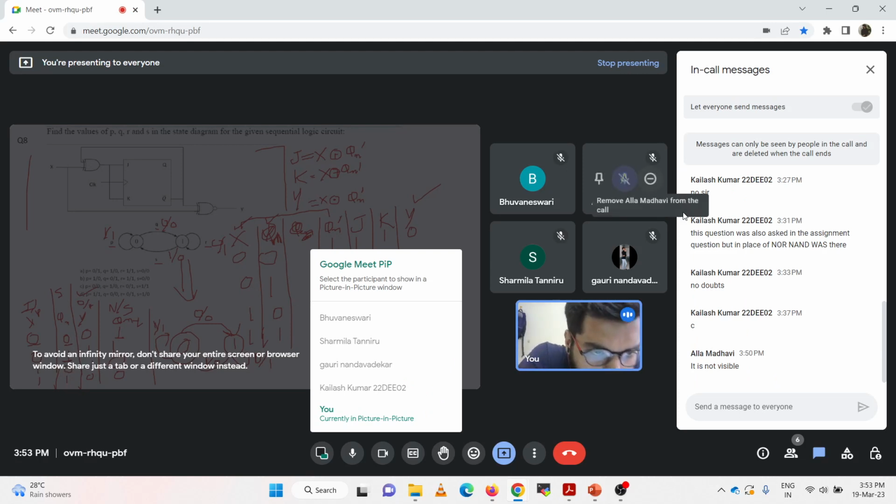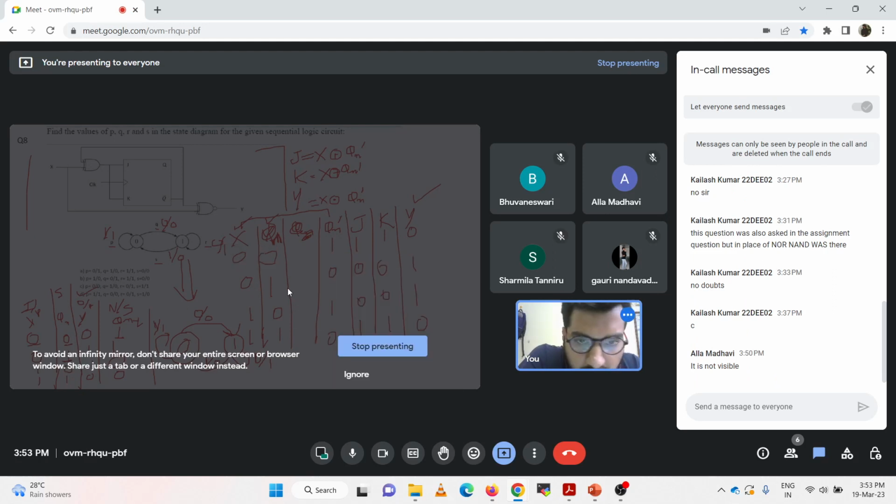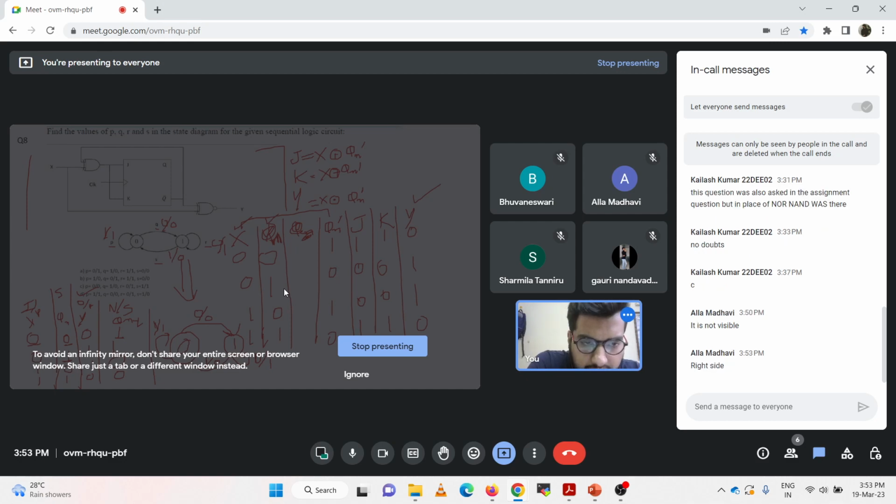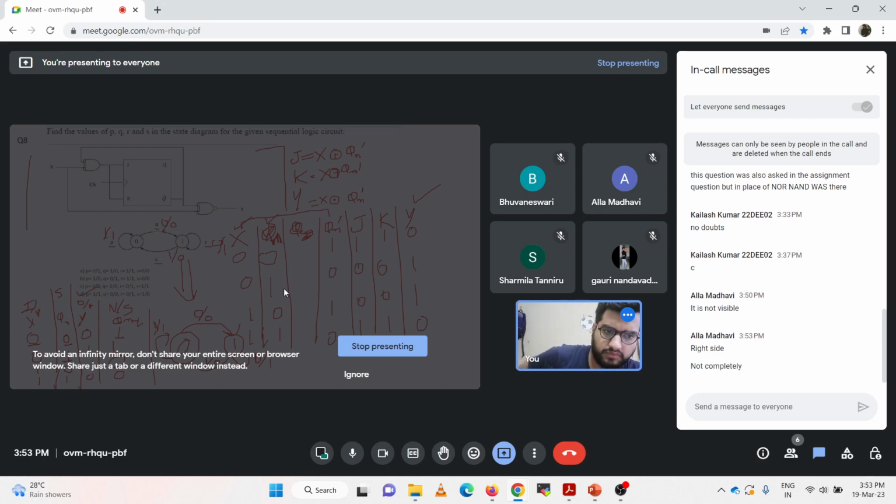So what is not visible? Which part is not visible? Right side. Is it visible now? Can you check it? Not completely.